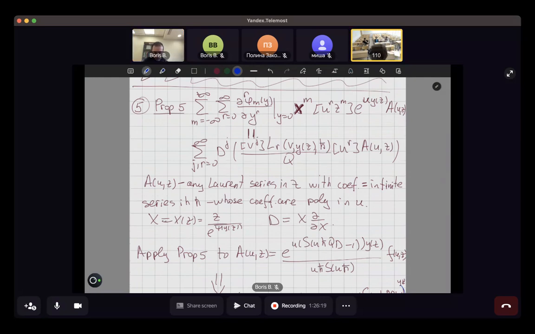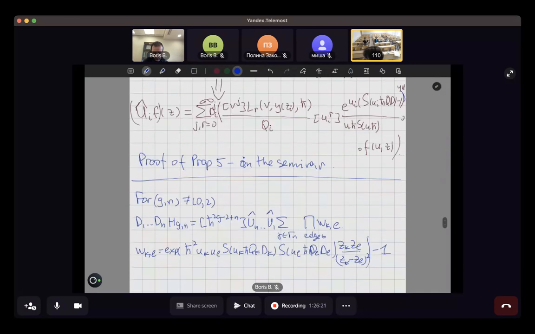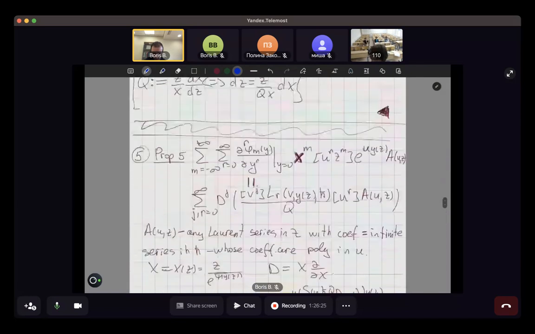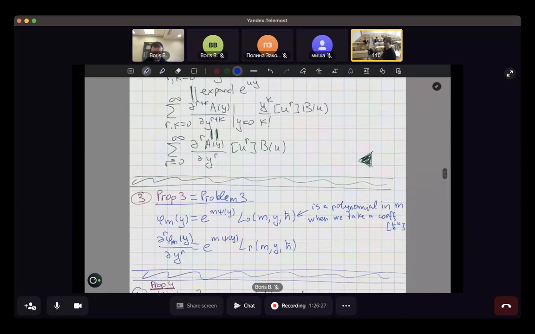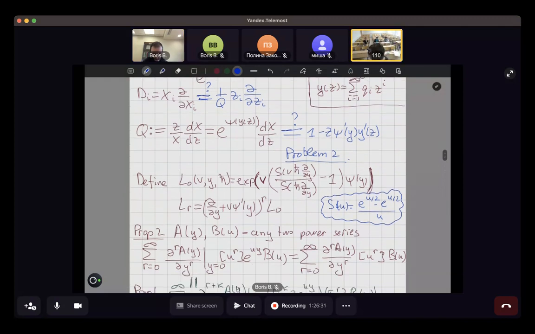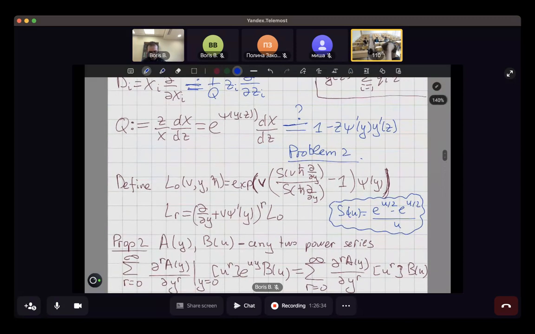Так, а понятно, почему LR — это конечное выражение? Давайте открою LR, где его определение? Вот. Смотрим, кто такой L0? Опять при фиксированной степени h, видите, здесь опять v, из-за того, что здесь есть минус единичка, v входит вместе с h.